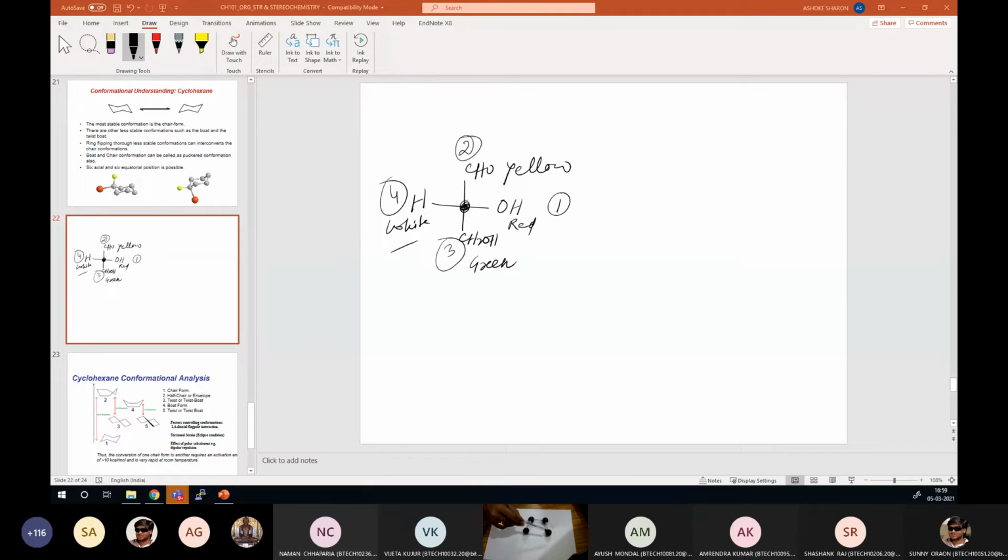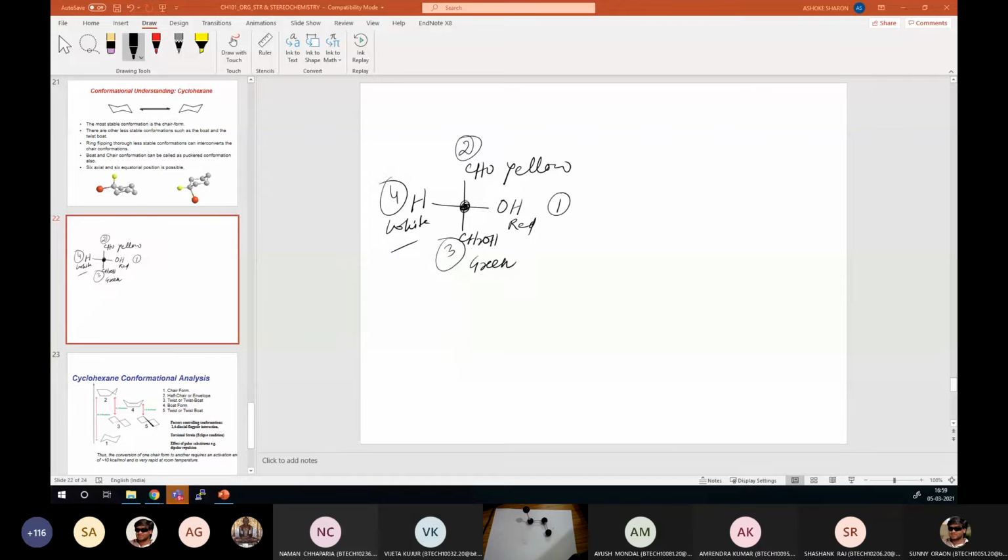So what I am saying, this is your butane, and now let me rotate it. Now you see, this is also butane, right? This is also butane. This is also butane. Now tell me, this is butane A, and this is butane B. Two butanes you have.